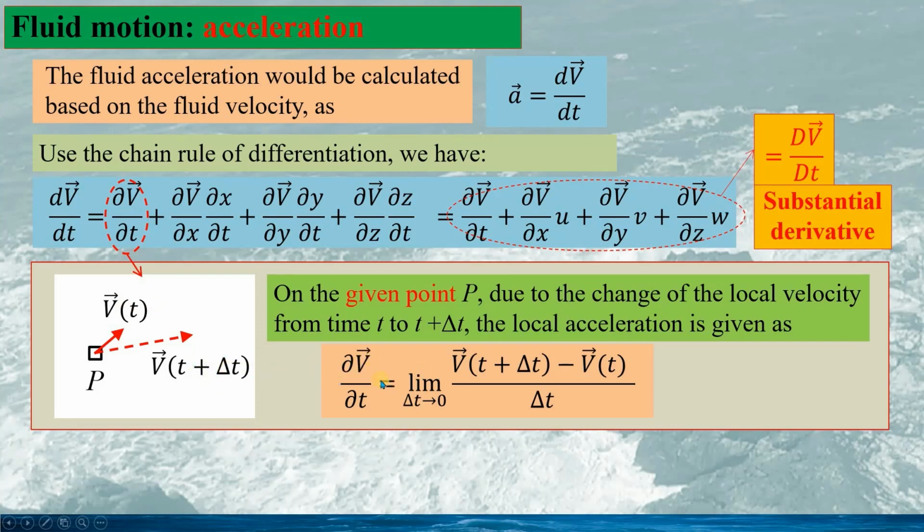Thus, the local acceleration is given as this partial differentiation with regard to time. This means when we calculate the partial differentiation, the parameters x, y, and z are kept unchanged.